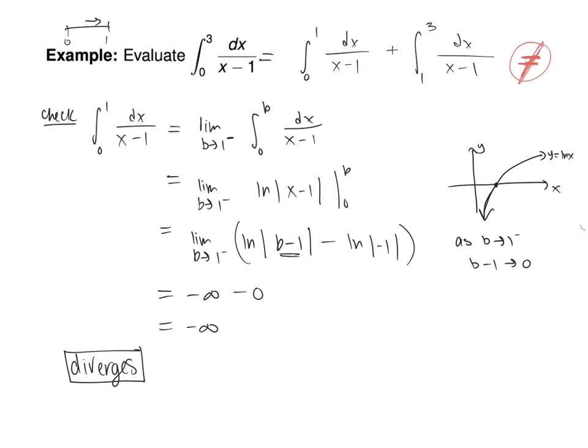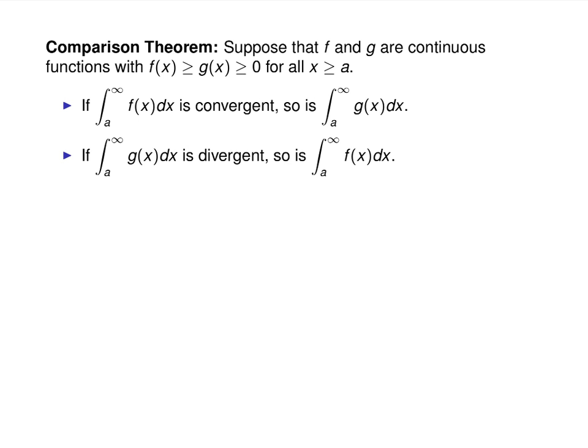Okay. And the last thing on your notes is something called the comparison theorem. Sometimes you can't actually compute an integral, but you know something similar and you know about that thing's behavior, and you can use comparison to determine what happens to the integral that you care about. So suppose we have this relationship: a function f of x that's bigger than or equal to g of x, and they're all positive. Let's draw a picture of what's going on.